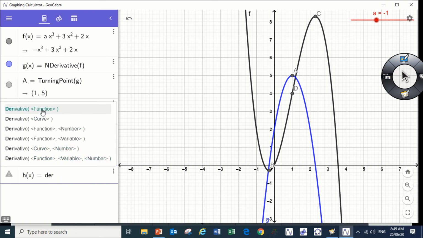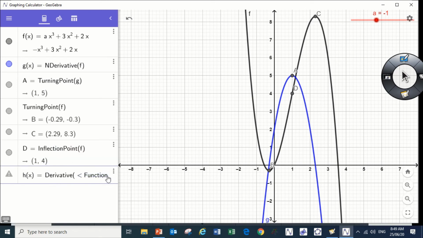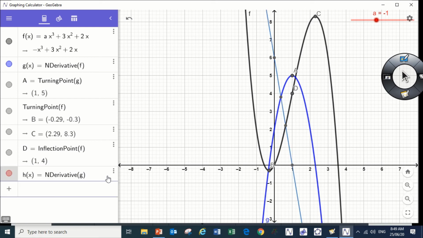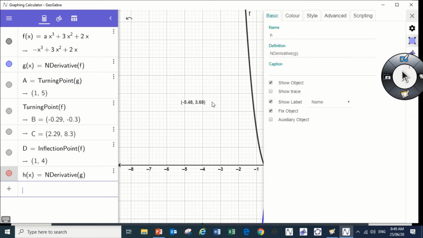Now, in this case, I'll put the derivative of the quadratic to make it linear. So it will be g of x. Okay, so you have that. The one in red. Let me make it bolder.